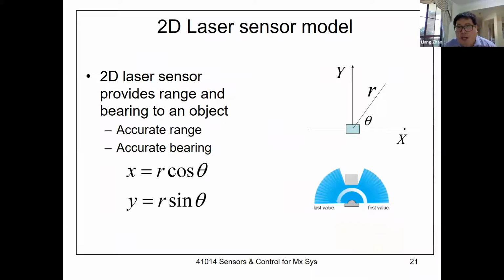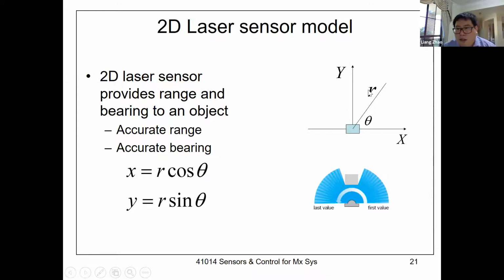All right, so the error model on the 2D laser sensor or LiDAR sensor is different from what we have in sonar. The laser will always provide you accurate range and accurate bearing readings. So from the reading you will have multiple ranges, which is R, and multiple bearing angles, which is theta, for each reading.